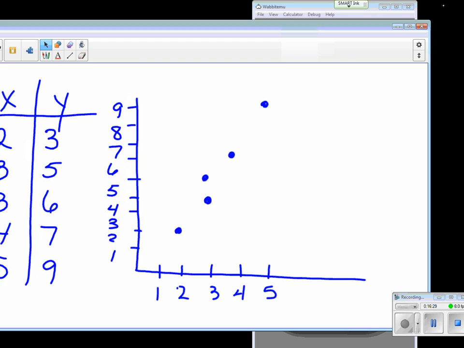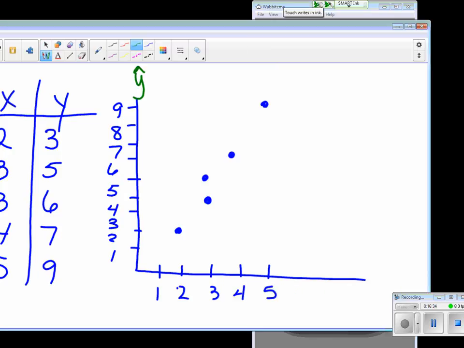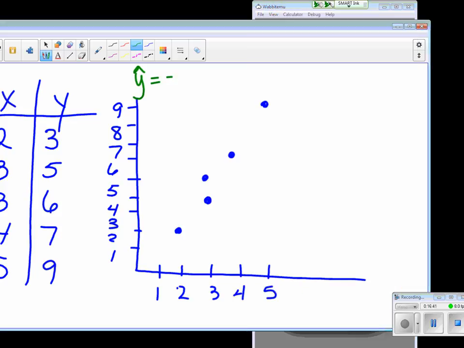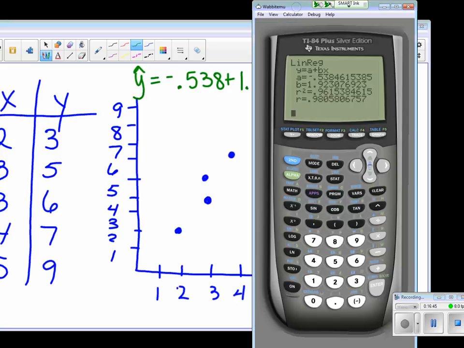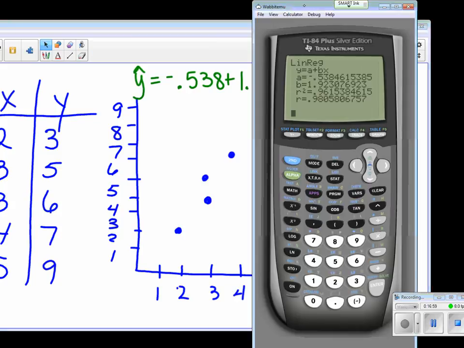So the equation I'm going to write is y hat equals negative 0.538 plus 1.923x. So that is going to be our equation. Would you agree? And if we wanted to graph this, we can go to y equals, and we can plug in our equation.